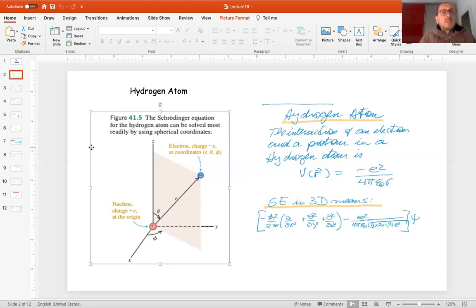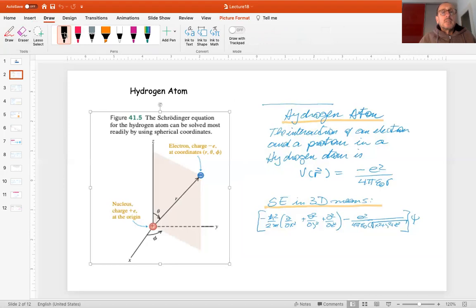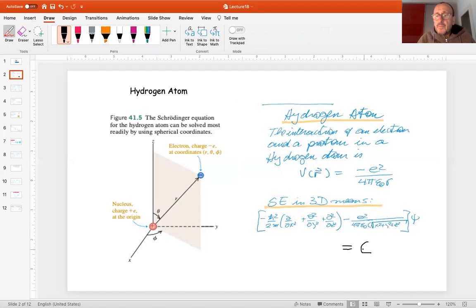And let me be bold here and add what I need to, and this is equal to E, the energy of the system, times phi. Okay, so this would be the Schrödinger equation that we are interested in solving.